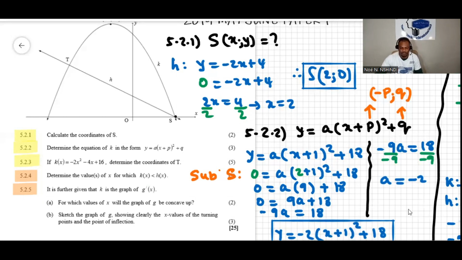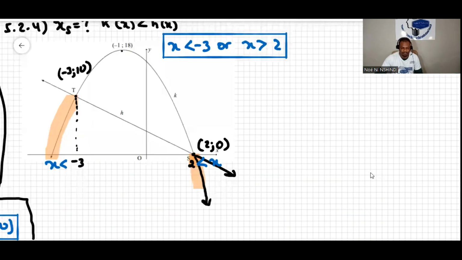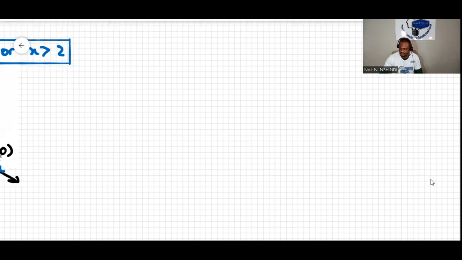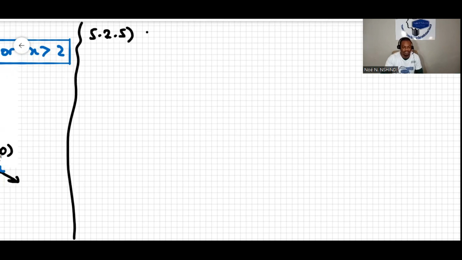Now I'm gonna move my board over here. Question 5.2.5. So over here we need to show the x values for which g is concave up.